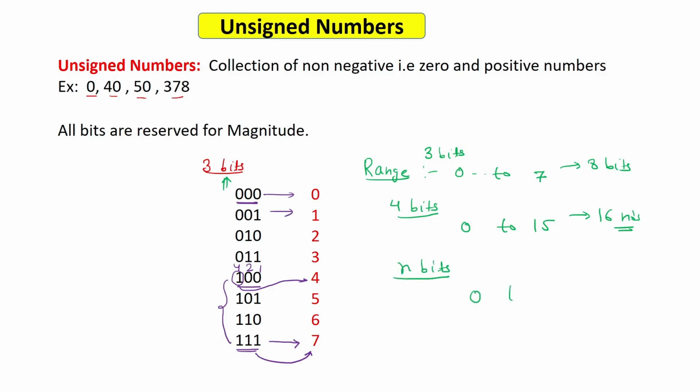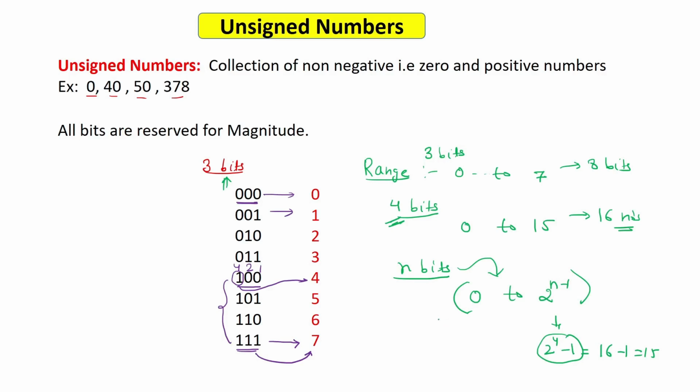They can be 0 to 2 to the power n minus 1. Let's say n is 4. In this case, this will be 2 to the power 4 minus 1. 2 to the power 4 is 16, 16 minus 1 is 15. So the last number will be 15. So this is the range if we have n bits. That means these are the numbers which can be represented in n bits for unsigned numbers. All this we have discussed in our video on unsigned and signed numbers.